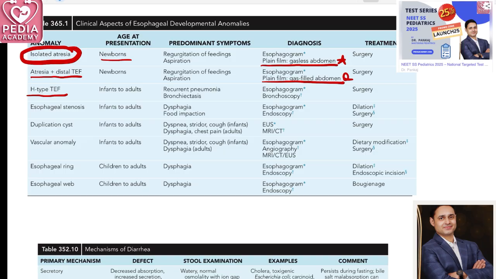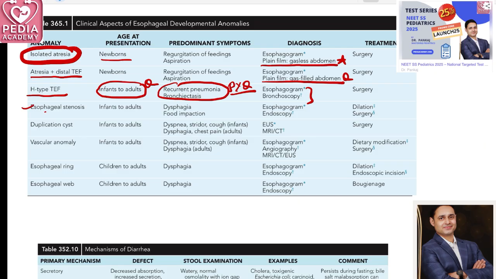So the age of presentation is infant to adulthood, very important. It can be identified later also. Recurrent pneumonia and bronchiectasis. This was asked in exam, so this is a PYQ. H type of fistula presents late, and diagnosis by esophagogram or bronchoscopy is required.